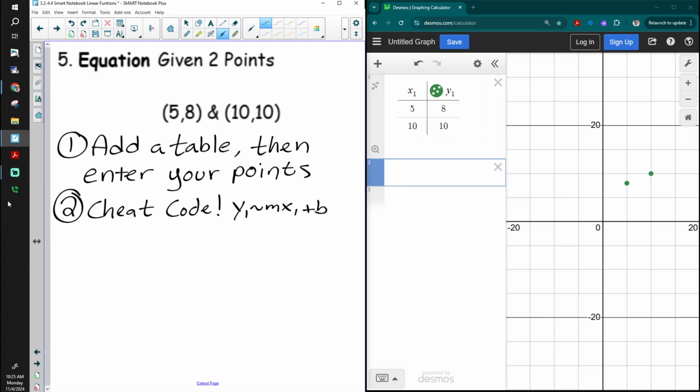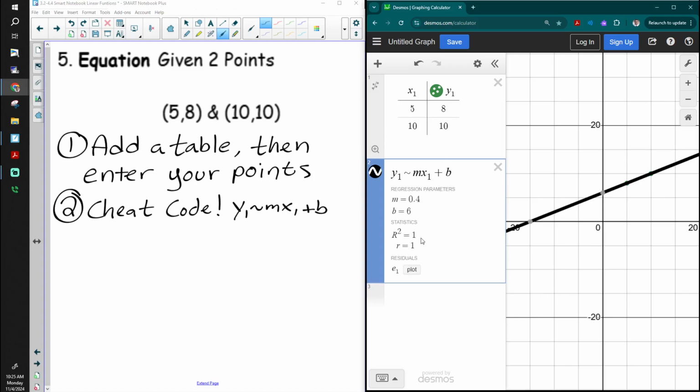Doesn't it seem easier the second time? I'm writing the equation, so what things do I need from this mumbo jumbo? The slope and the y-intercept, the b. I need m and b.